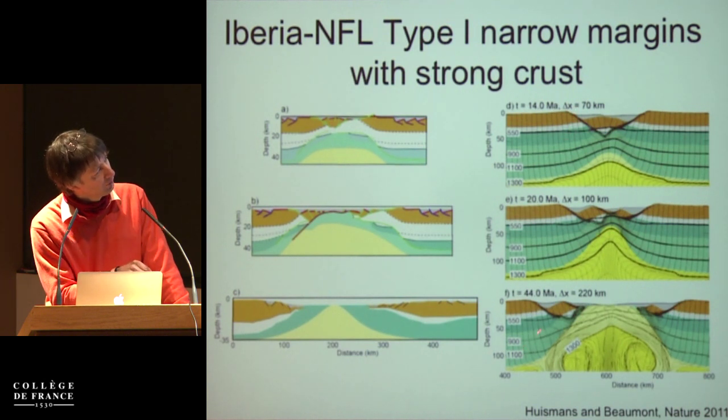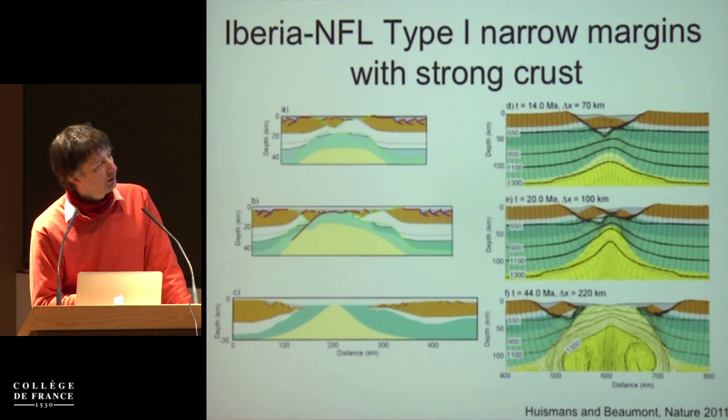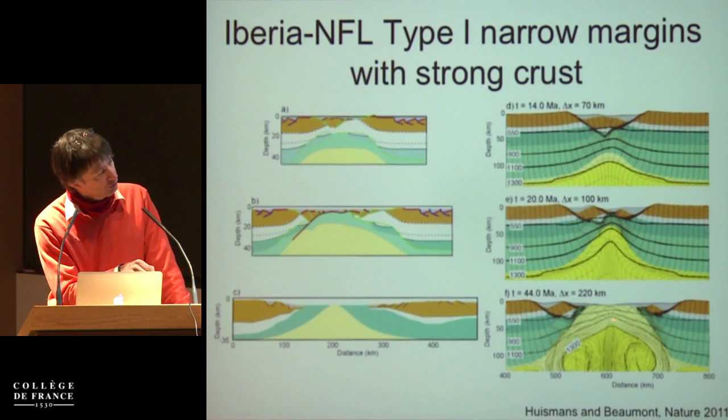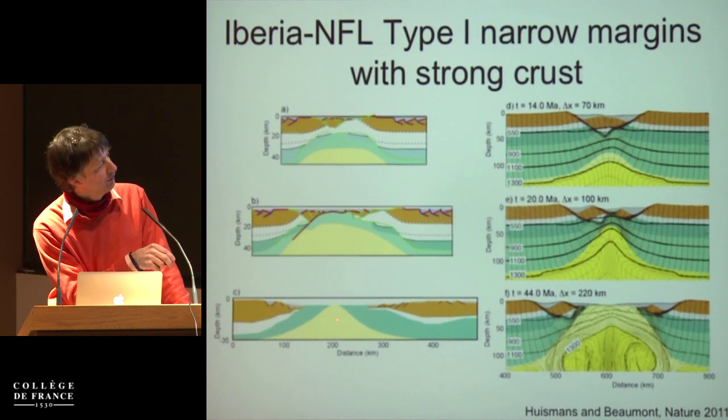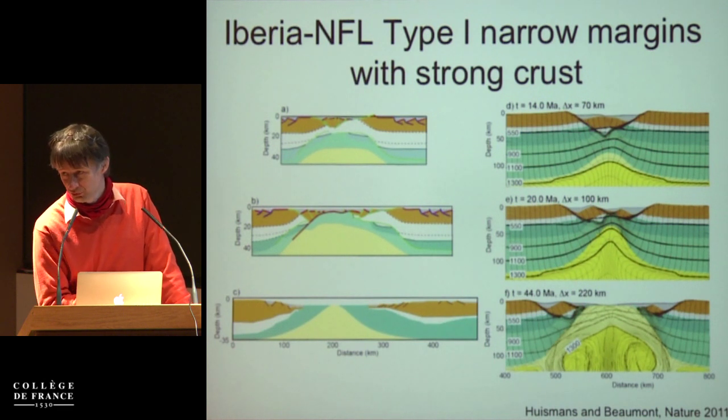And we see that in this case the very strong mid and lower crust allows faults, shears, frictional plastic shear zones to cut through the crust into the mantle, and this allows the crust to neck and rupture in a very narrow rift style, and it also allows to exhume some mantle lithosphere. But I should say that the amount of mantle lithosphere that we're exhuming here to the seafloor is much less than what is observed.